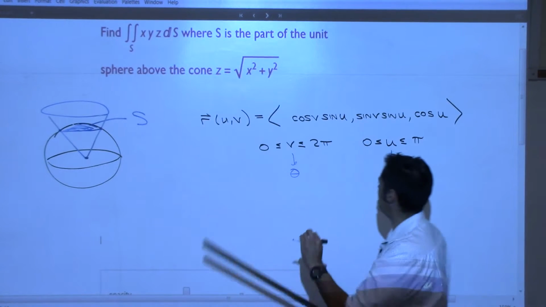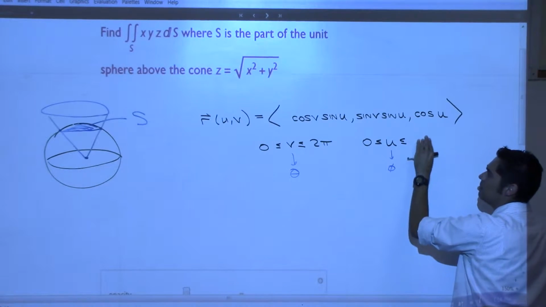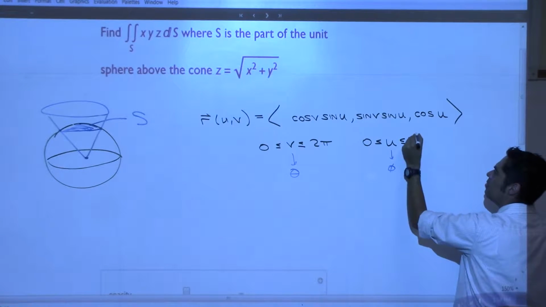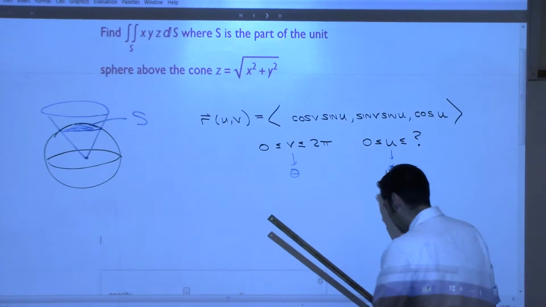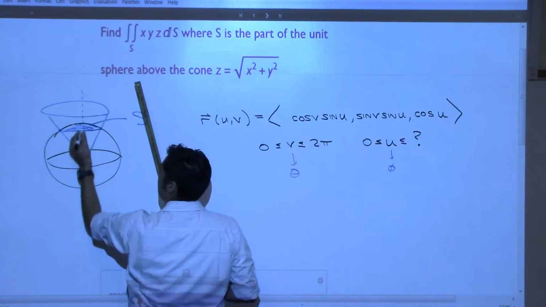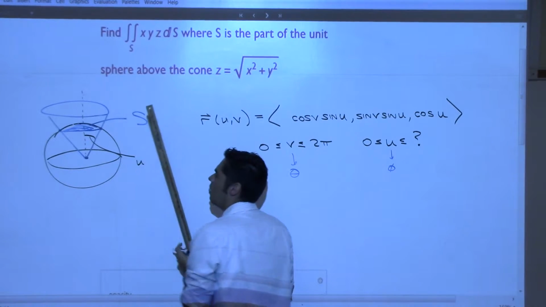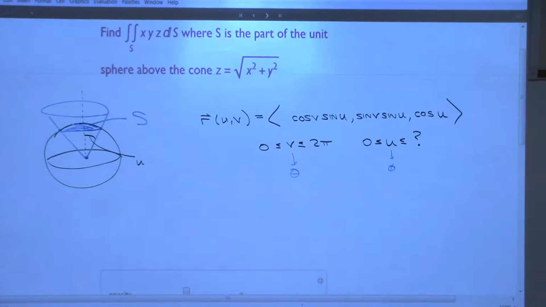So I still want this to be between 0 and 2 pi, but I want my phi to be between that and something. The angle that goes right there, that's u, my top restriction on u. So how would you recommend we do that?